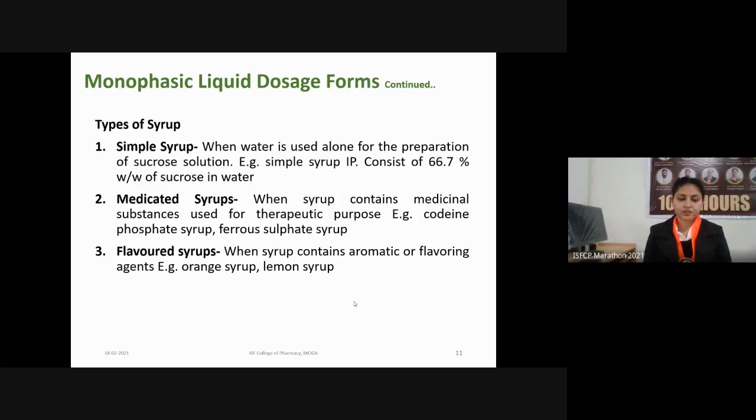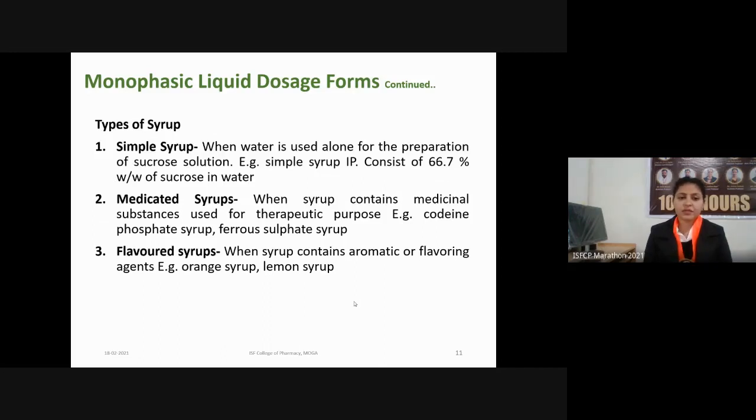Now, there are three different types of syrups. First one is simple syrup, second is medicated syrup, and third is flavored syrup. We will discuss each of these types individually. First is simple syrup. When water alone is used for the preparation of a sucrose solution, we say it is a simple syrup.